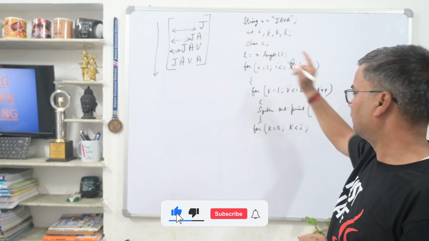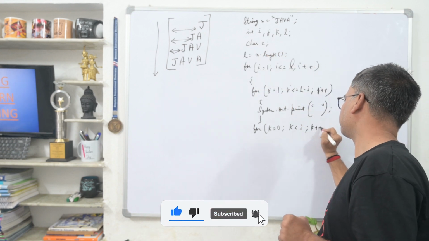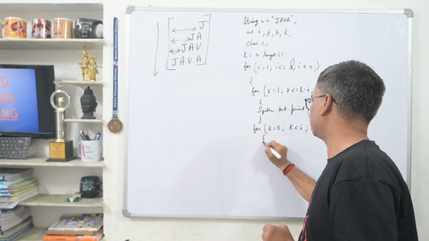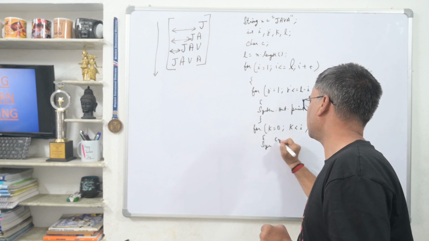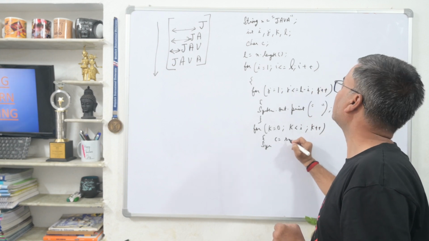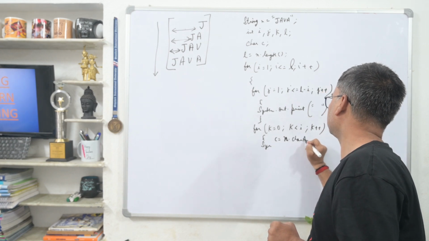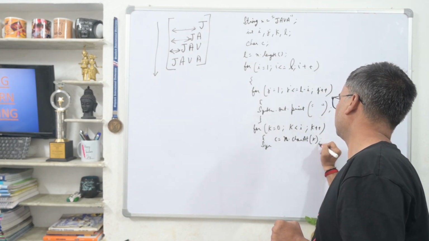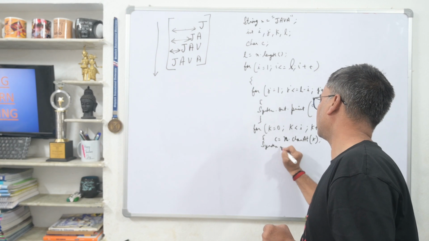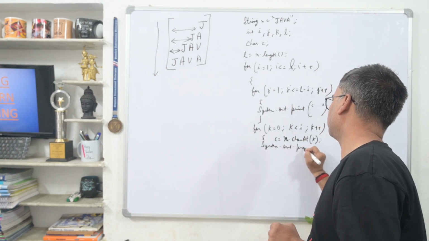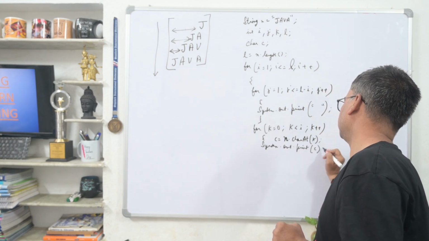I is 3, 0, 1, 2. K plus plus. Here I'll take C equal to n.charAt(K). And then System.out.print(C).